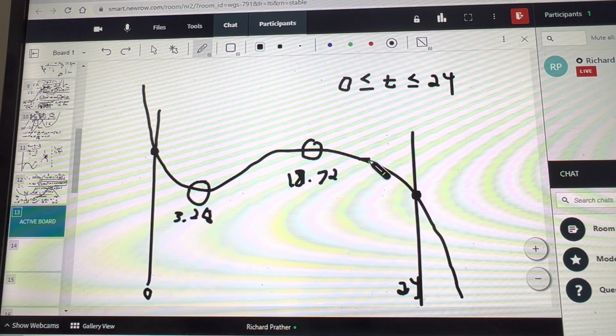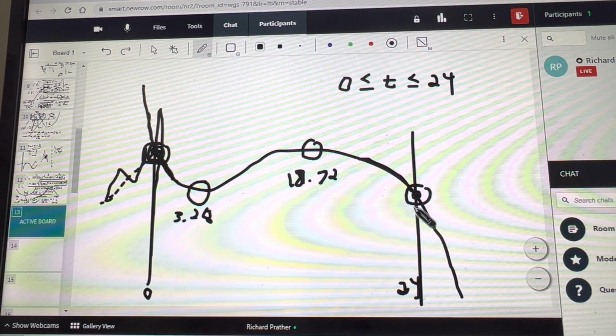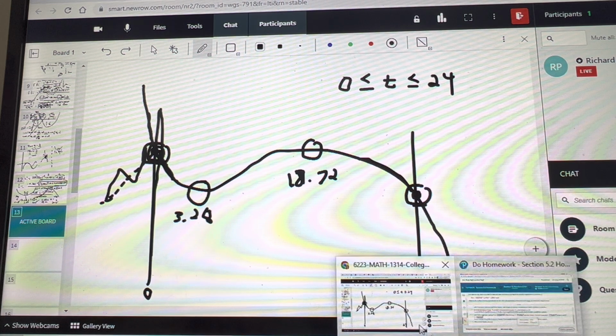Because the graph is decreasing here, this can be considered a local minimum. Because it cuts off here, it could potentially have been increasing and then decreasing after that, but you don't count that part, so it's just starting at a high point. So they're counting 0 as an extra maximum and 24 as an extra minimum because of that.